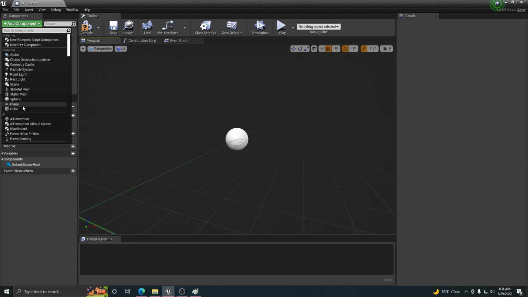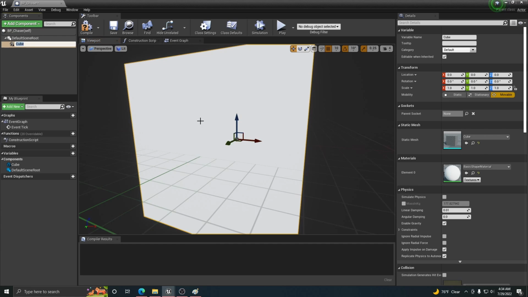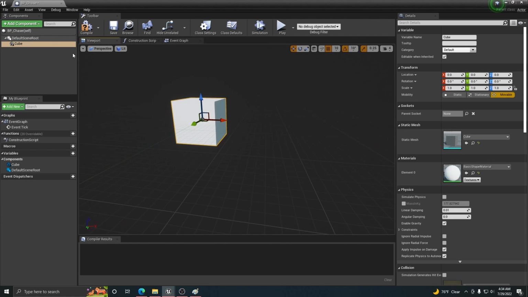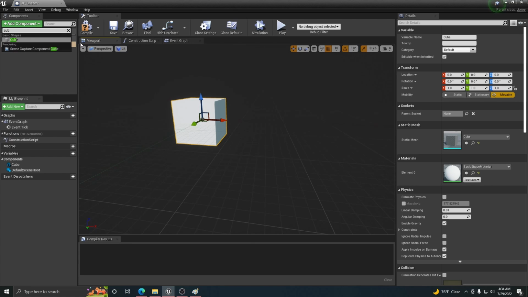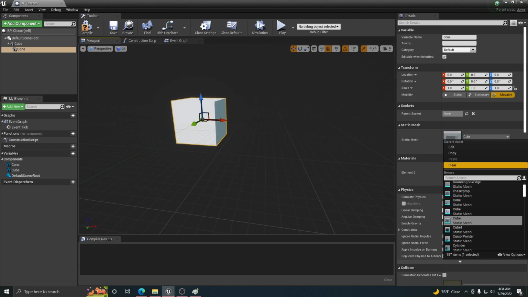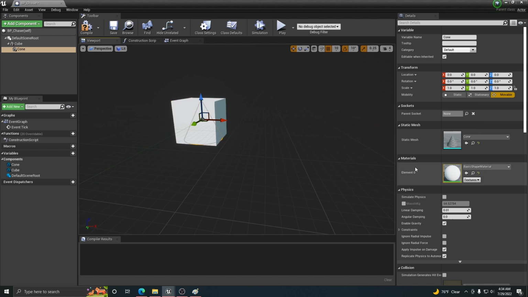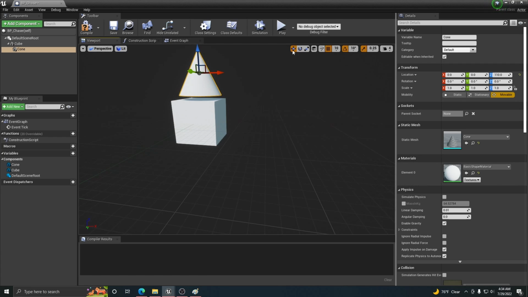Alright, let's add a cube. And from that cube we're also gonna add another cube. But instead of a cube we'll call it a cone. Replace that with a cone. Up, rotate.